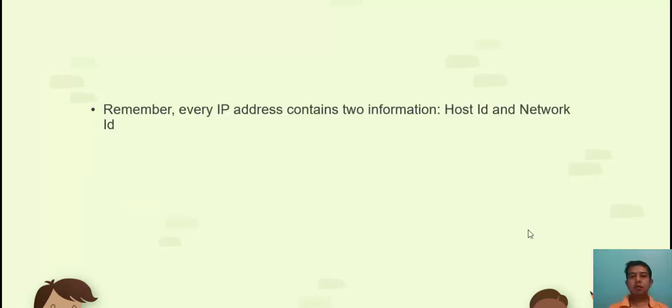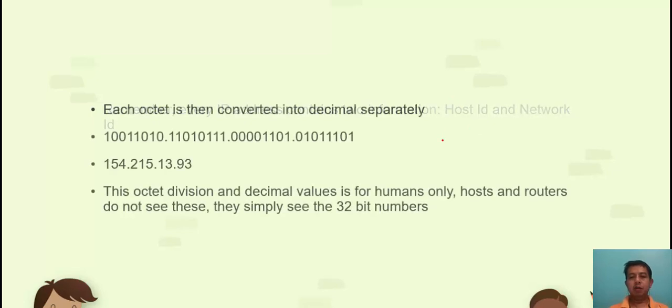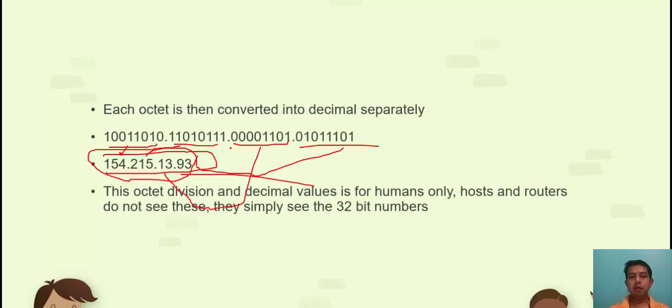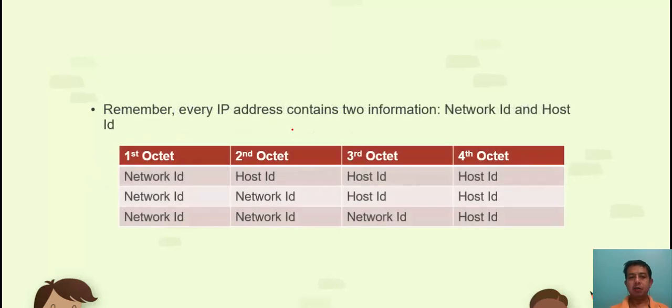Clear? Now remember, we have seen that every IP address contains 2 pieces of information. One is the network ID and another one is the host ID. Now since we have divided the address using a representation like this, 32 bits divided into 4 equal parts, if these parts have to convey 2 pieces of information, the network ID and the host ID, then I have these possibilities.